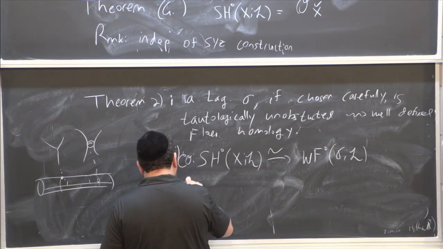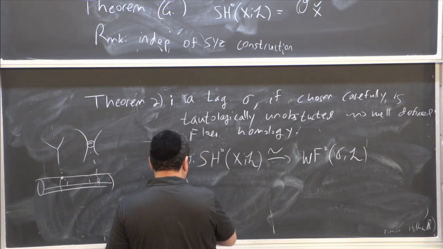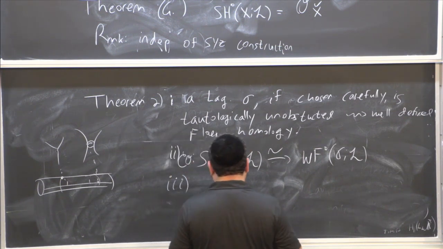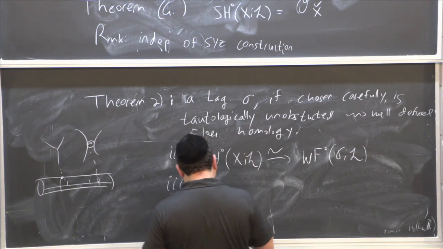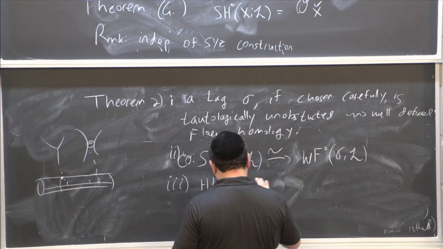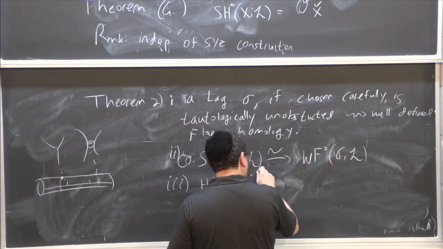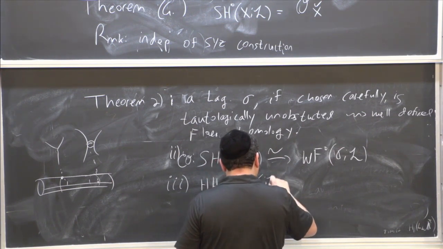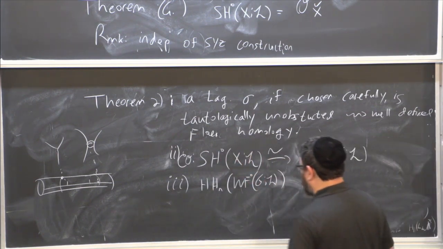And third, there's Abouzaid's generation criterion, which says that if we take the, I think it's the nth Hochschild homology of this Lagrangian, there's some kind of construction which we can carry out.